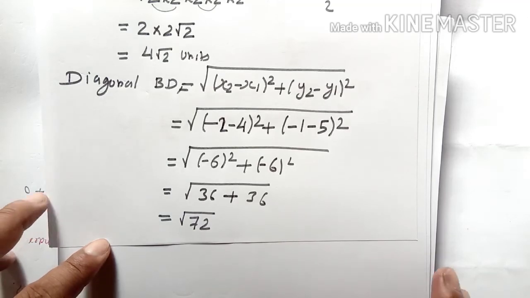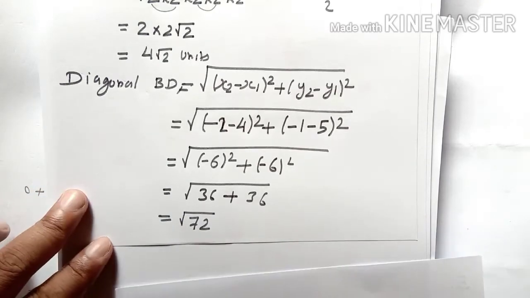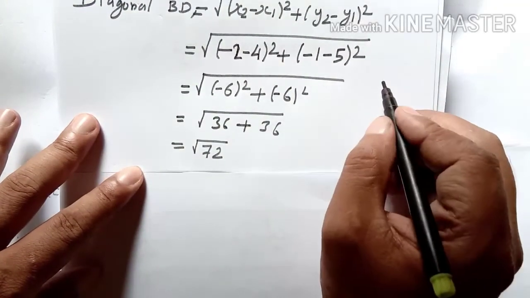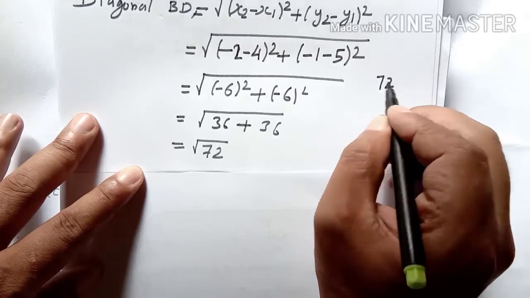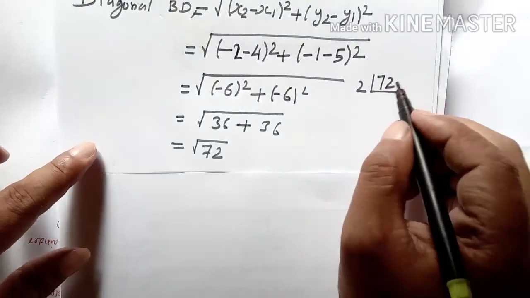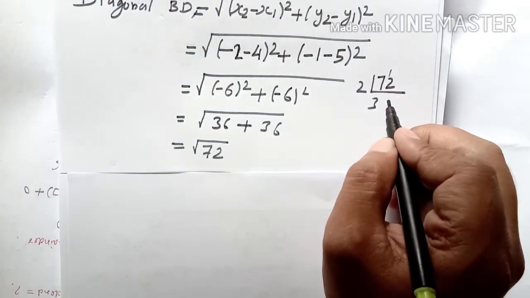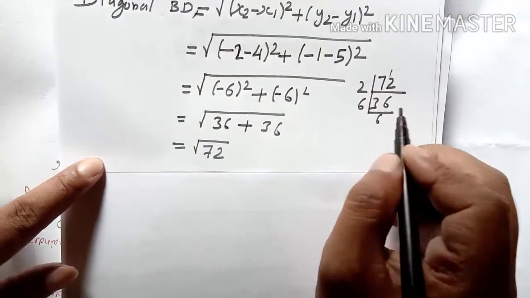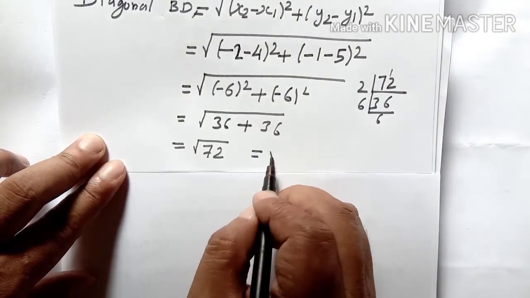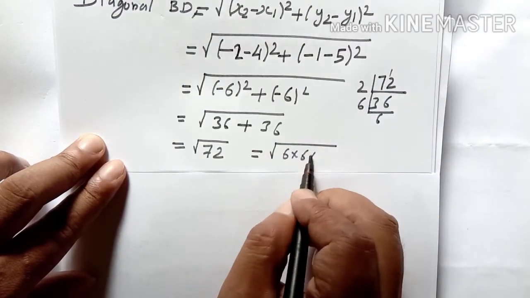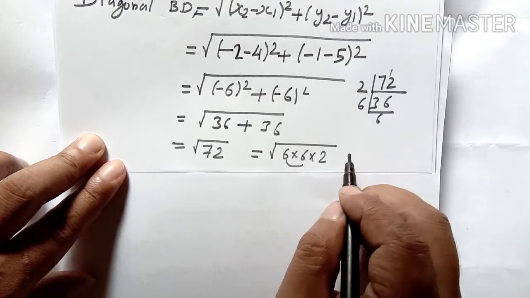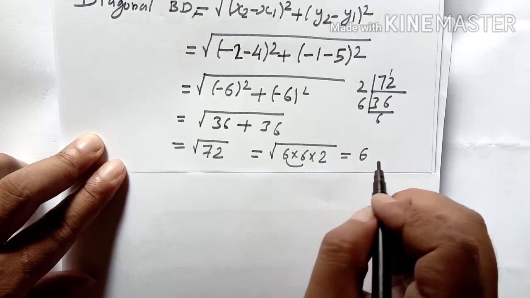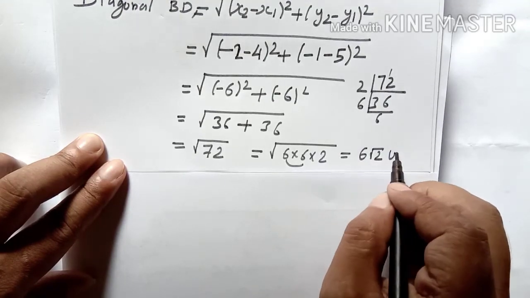We know that 72 is not a perfect square, so we break 72 into the product of its prime factors. 72 is divisible by 2, so 2 into 36. We know that 36 is a perfect square of 6, so this equals 6 into 6 into 2. Now 6 is a pair, so it comes out of the square root. 2 is left unpaired, so it is 6 root 2 units.